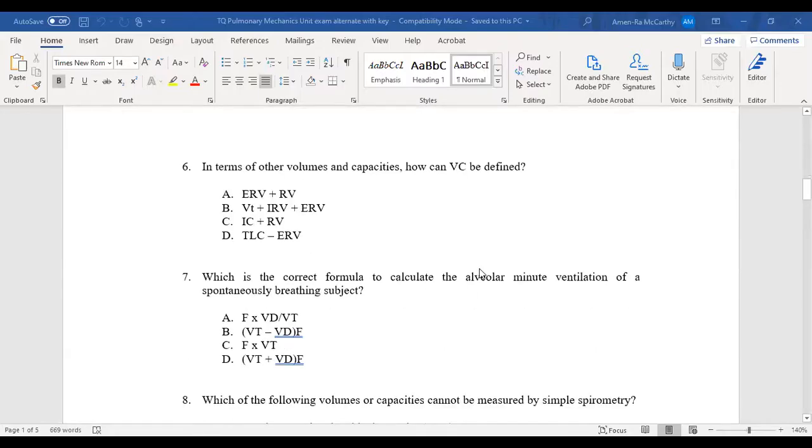All right, number 6. In terms of other volumes and capacities, how can vital capacity be defined? Which one of those define vital capacity? Good, Kayla. Good, Miss Tabor. Miss Scott, look at it again.